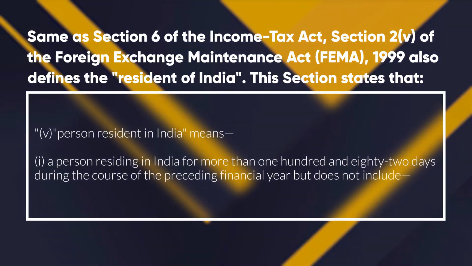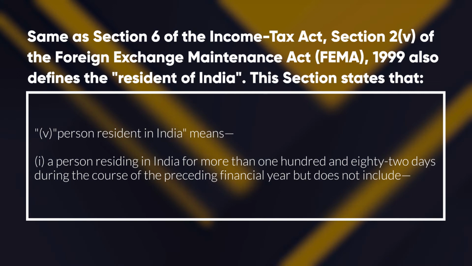Same as Section 6 of the Income Tax Act, Section 2(v) of the Foreign Exchange Management Act, FEMA 1999, also defines the resident of India. This section states that a person resident in India means: 1.